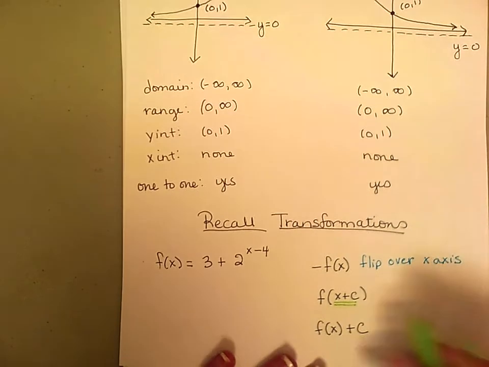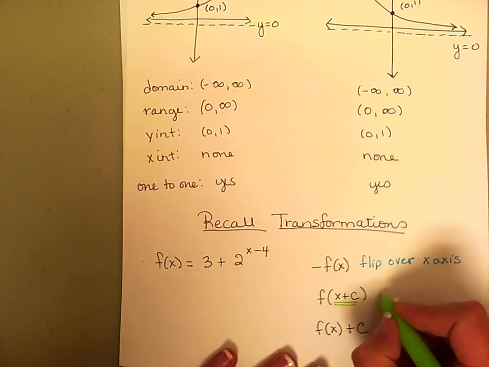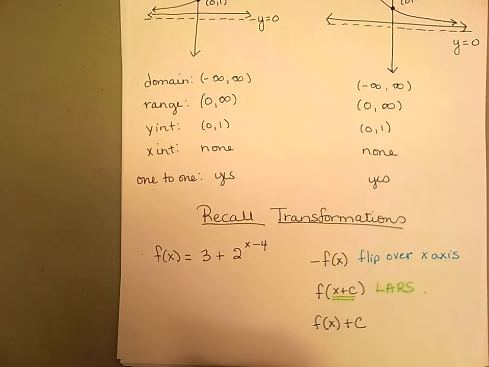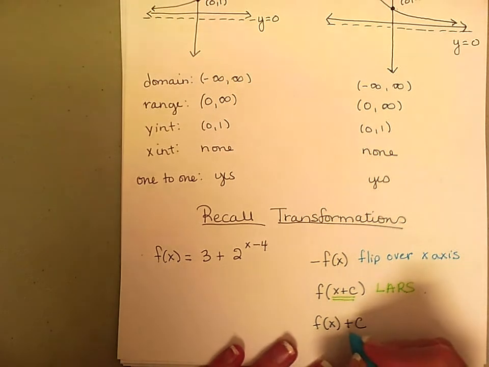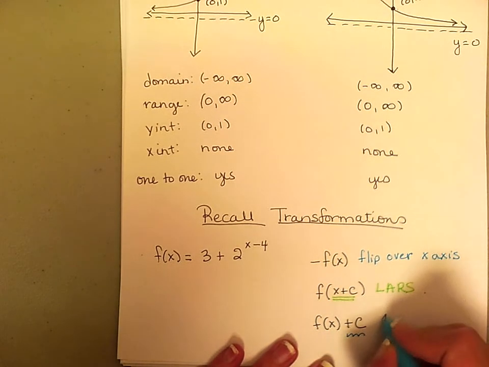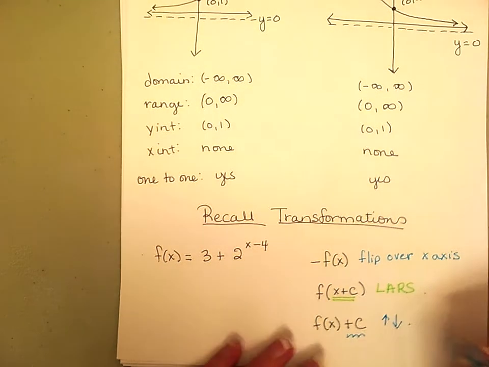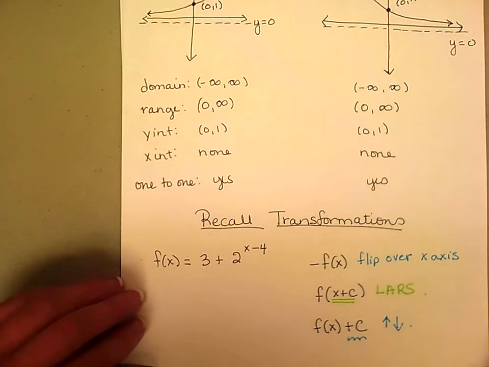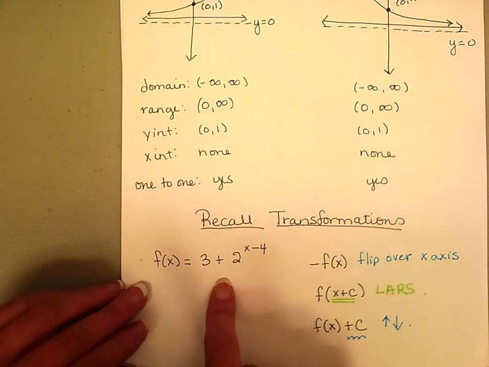For this one, the constant is wrapped up with the x, and so for that we use the opposite for the left or right shift. And when the constant is on the outside, this is going to give the up or down shift. Okay. So let's try and graph this.